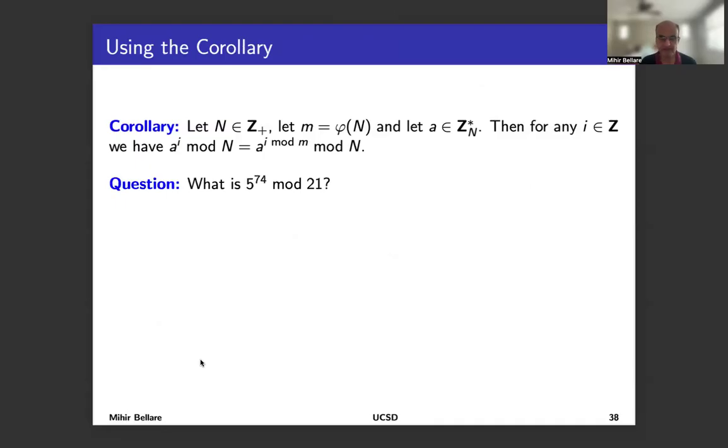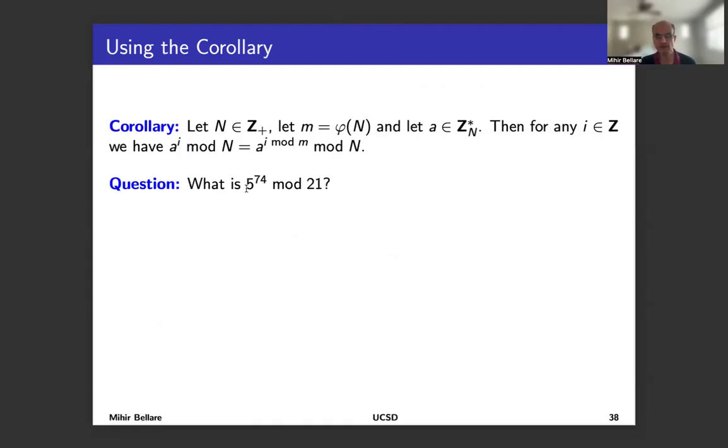This is kind of a fun source of games or puzzles. You could challenge a friend to something like this. Suppose I again recall the corollary. So it enables you to raise a to high powers mod n through this formula. And you know that, but not everyone does.